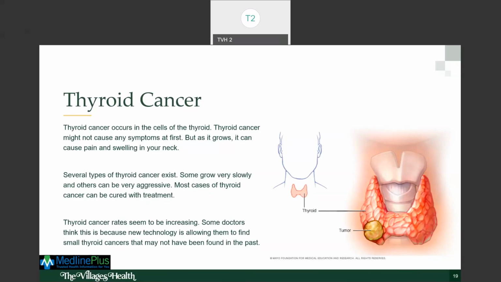So they may be able to find these cancers before they're causing any symptoms, before they're causing any pain, or even making any swelling in your neck. So that's good, because they're able to find the cancer, diagnose it, and then do the treatment before it does cause any problems.